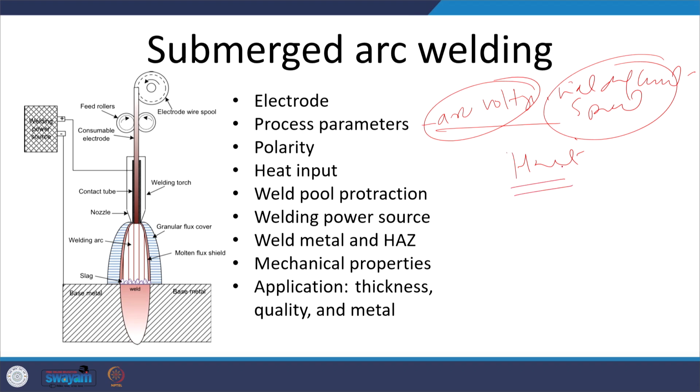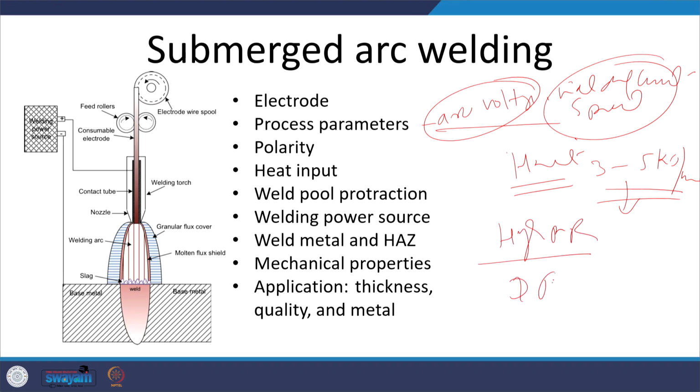Submerged arc welding is known as a high net heat input process, which can be like 3 to 5 kilojoule per mm. This is very high heat input that will help in realizing through-thickness penetration in one go in thicker sections. Also, it will help in realizing a high melting rate.